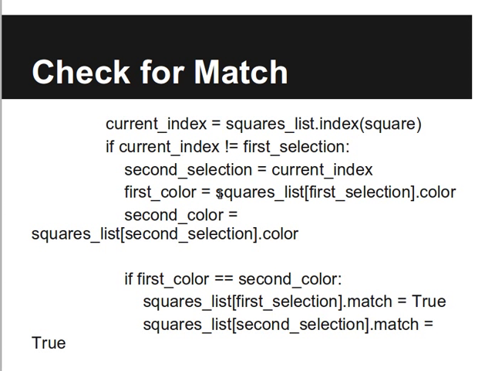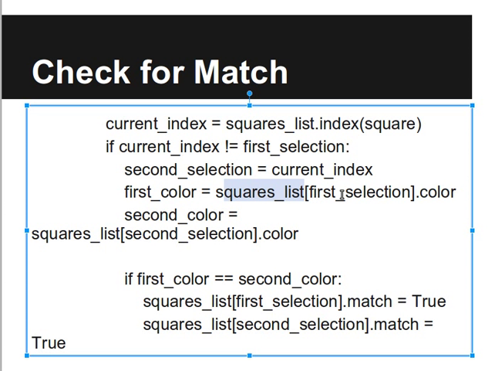So it's the list, then you have an index number here. This is an integer, 0 through 15. And that square will have an attribute for the color.